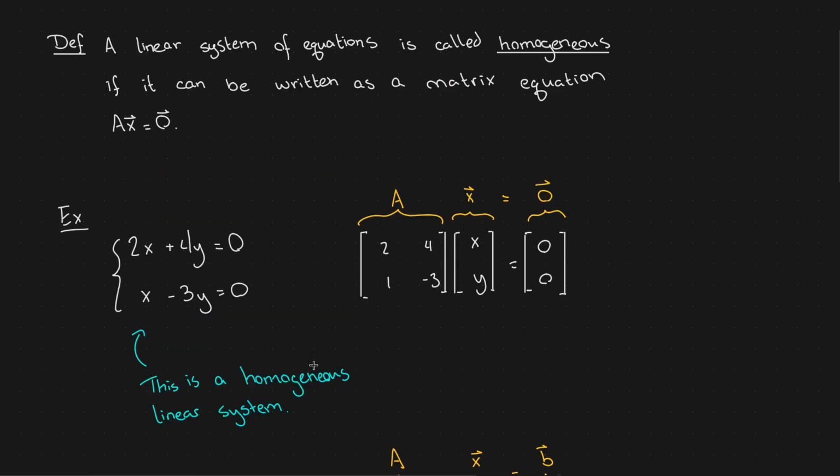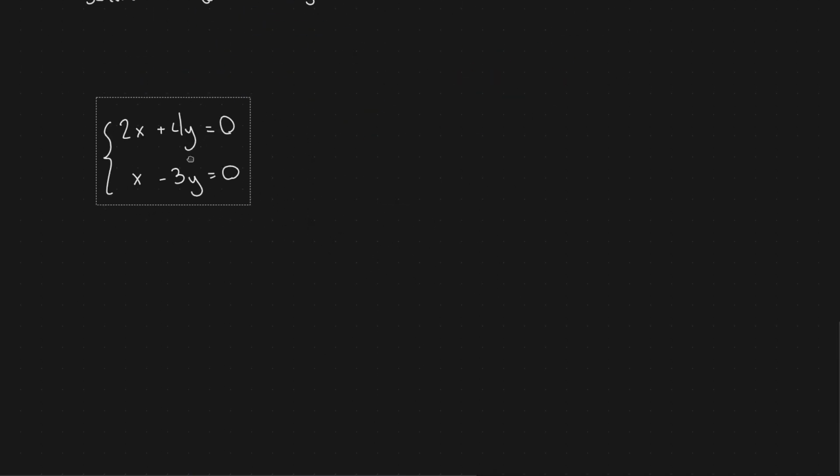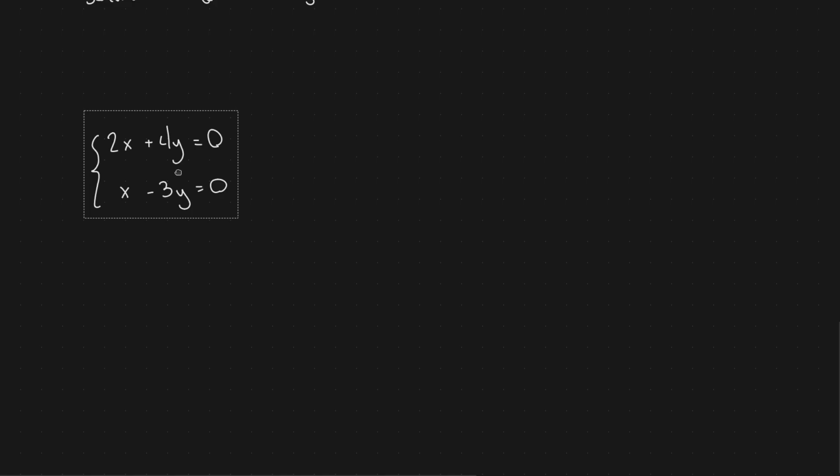All right? Let's think about solving a system. Let's consider this system in particular. How would we actually go about solving this system? Well, we know to solve a linear system of equations, we can use an augmented matrix.